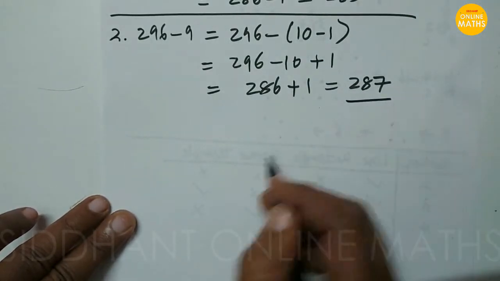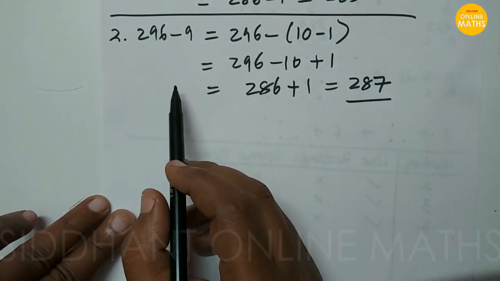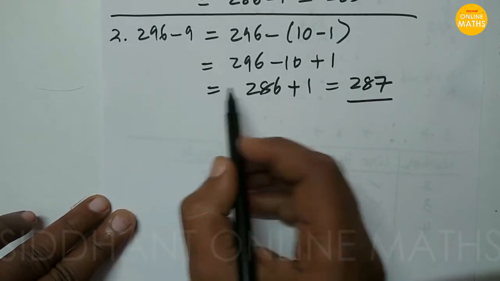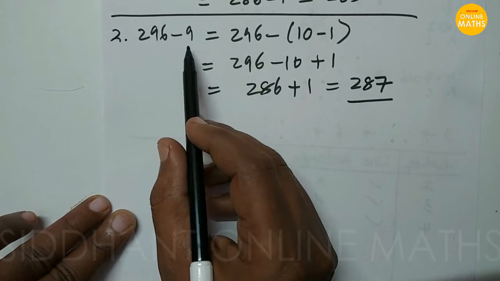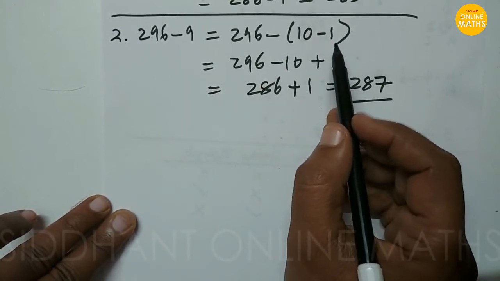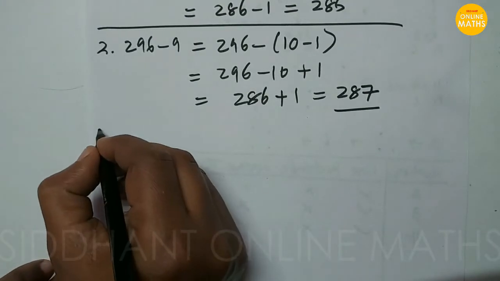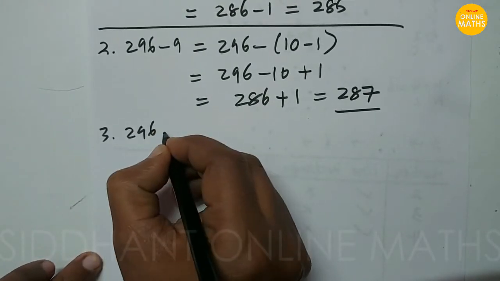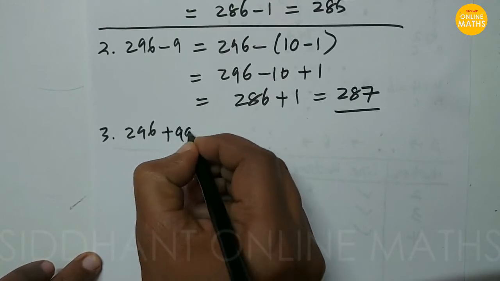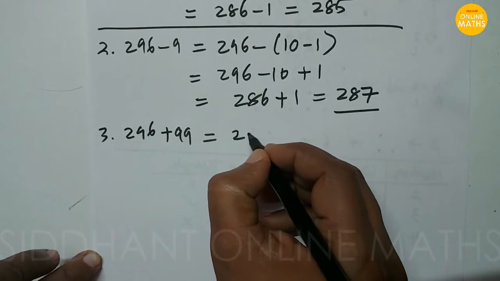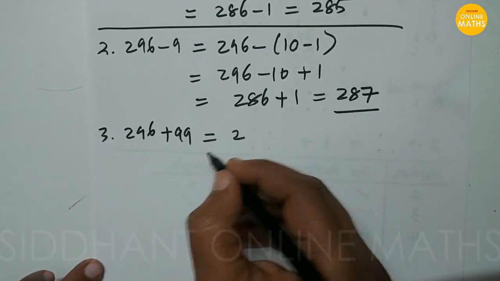So in this way mentally we can do addition, subtraction when you are going to convert this 9 like 10 minus 1 or 10 plus 1 like this. So other example we take with 2 digits like 296 plus 99. So here also you see here 99 is there, we are going to convert into 100 minus 1.